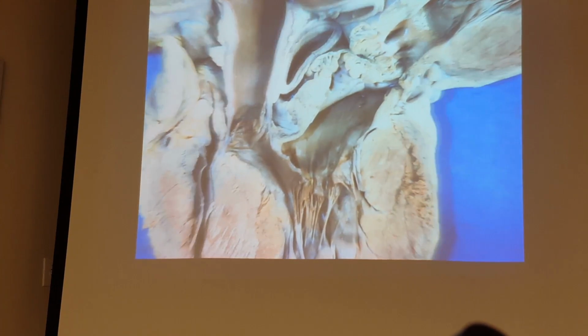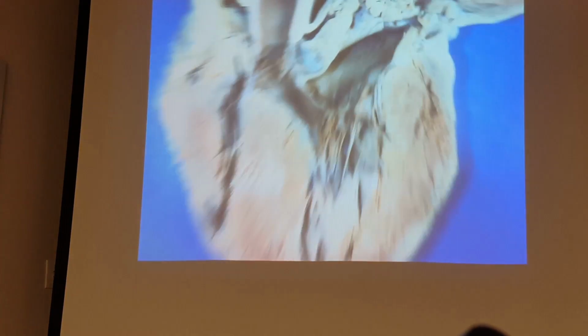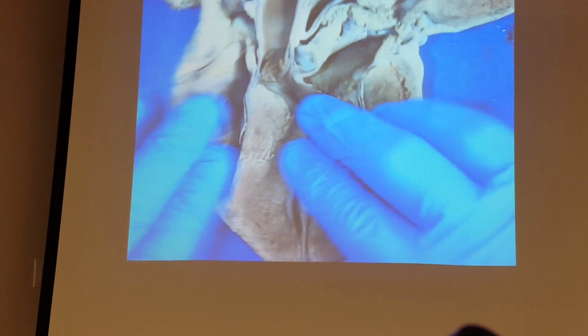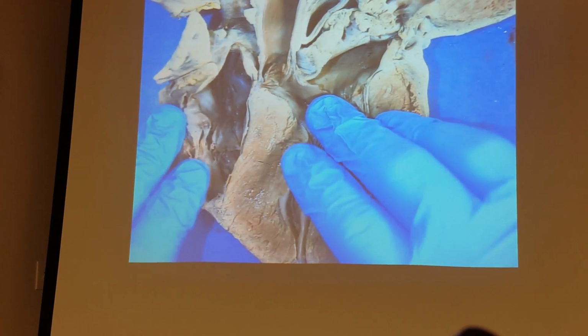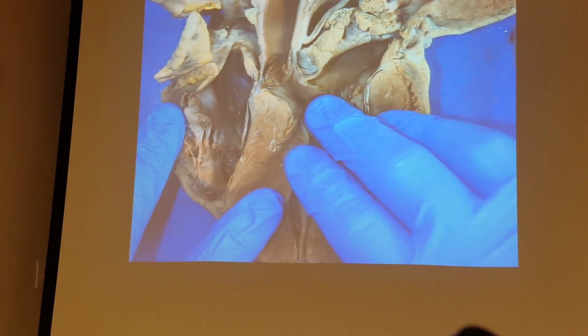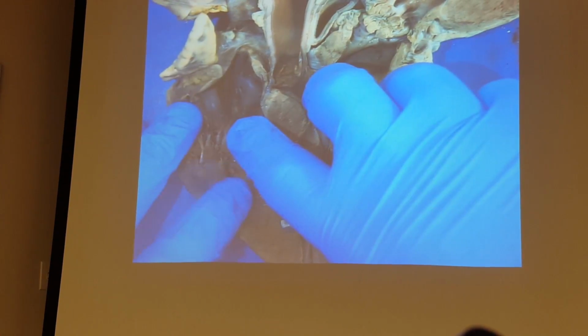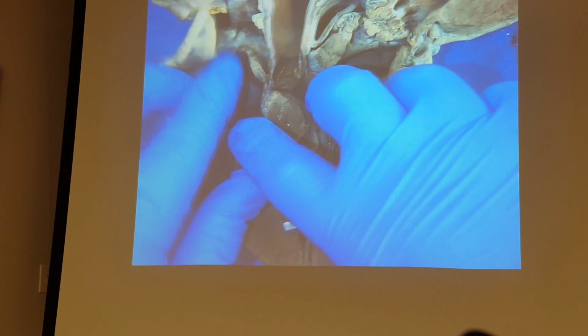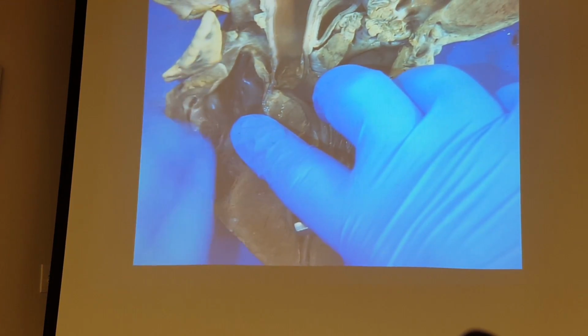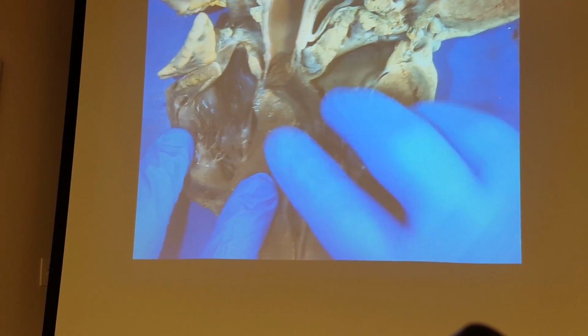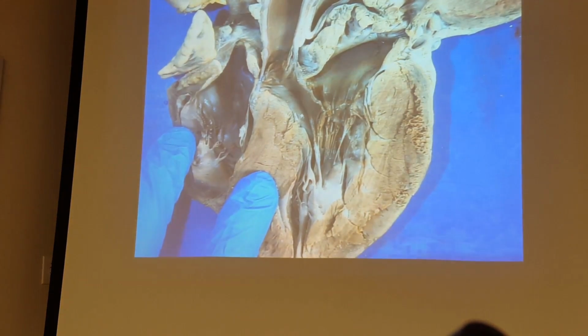Now if we open up the right ventricle, oops, sorry, I meant to back out. Open up the right ventricle, and we can see way in the back. I'll try to spread it out for you.